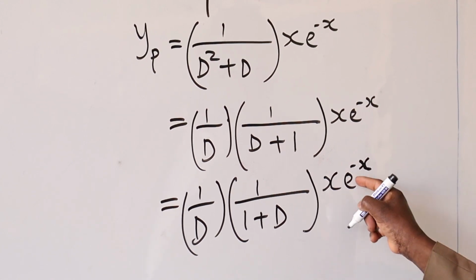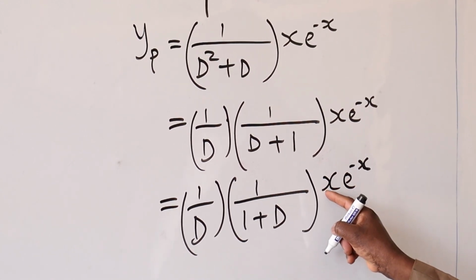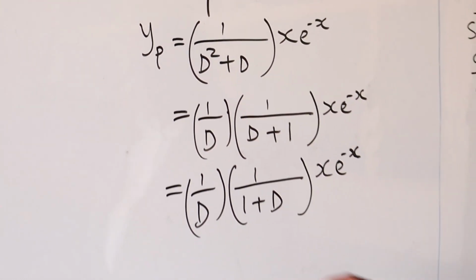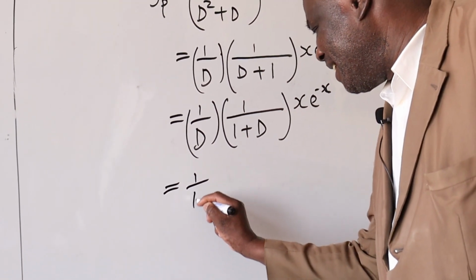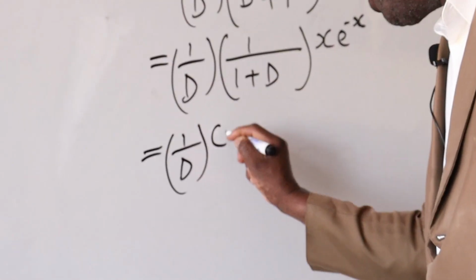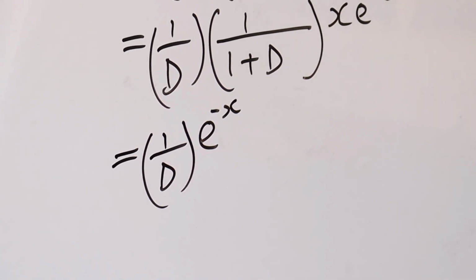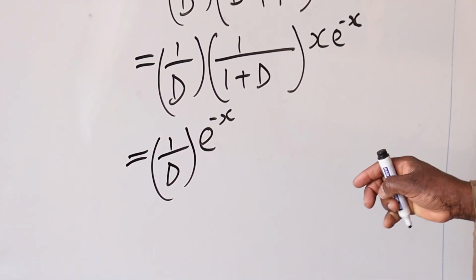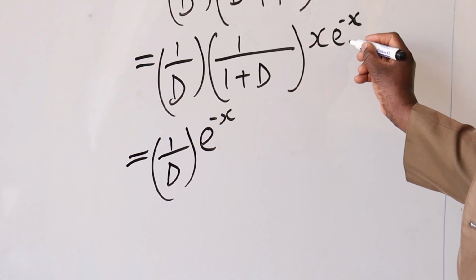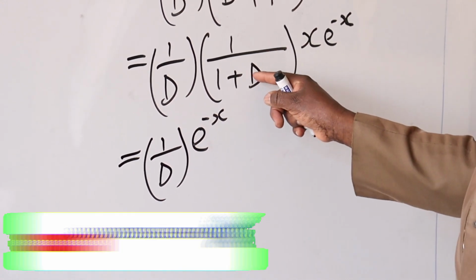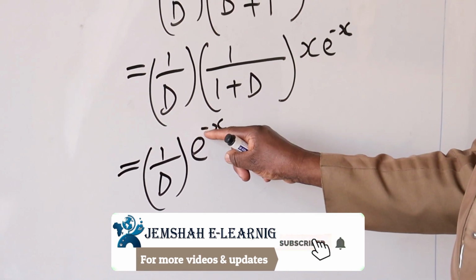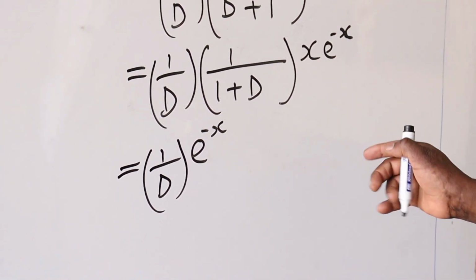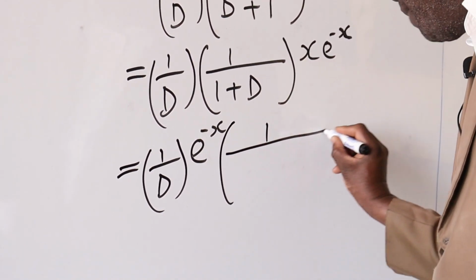Now we have an exponential multiplying another function of x. So here we are going to use theorem 2 of our D operator theorems. So this will be equal to 1 all over D. The exponential will pass. When our exponential passes, where there was a D, we input D plus a, where our a here is negative 1.